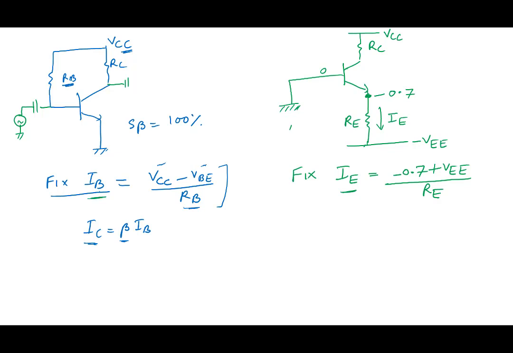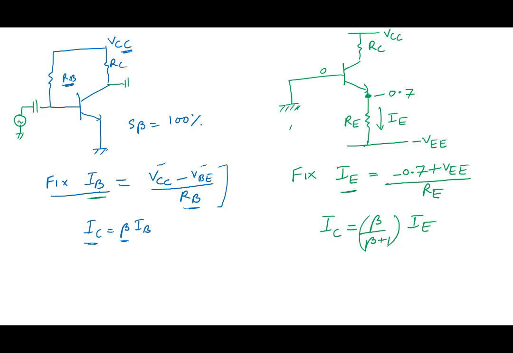through the supply voltage and resistor. Now we know the relationship between IC and IE: IC is nothing but beta by beta plus 1 times IE. Two different approaches to biasing.